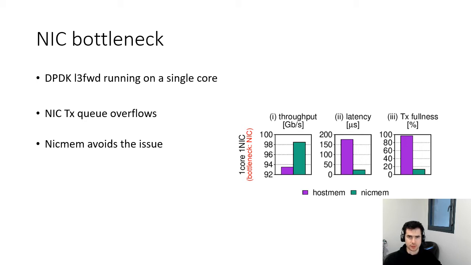Nicmem avoids this issue because its packets, which consist of only headers, when transferred over PCI, consume less space in a bottleneck buffer inside the NIC. You might think that this is a bug, but NVIDIA engineers confirm that this issue is real, and it is unlikely to get resolved as NICs are not built to provide line rate with a single queue.